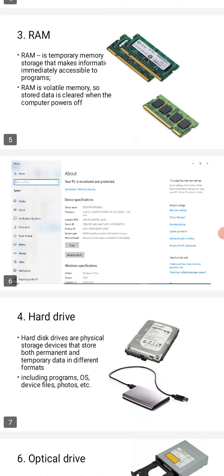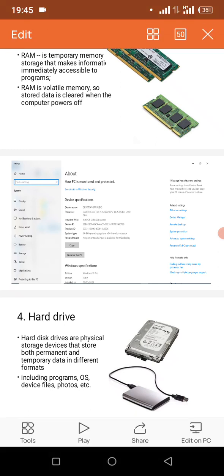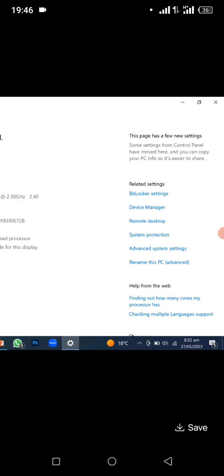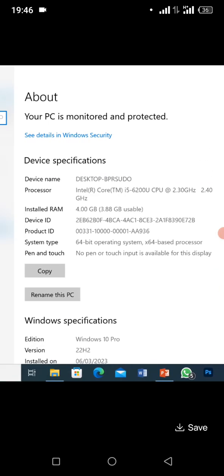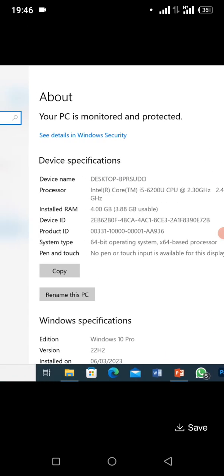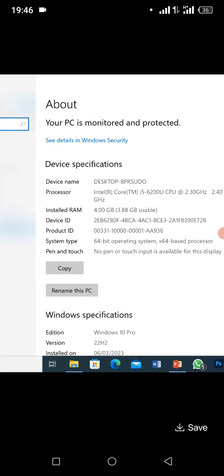So I included this image, which helps you identify the type of RAM you are using in that computer. For the processor, you are able to check from here about the PC.